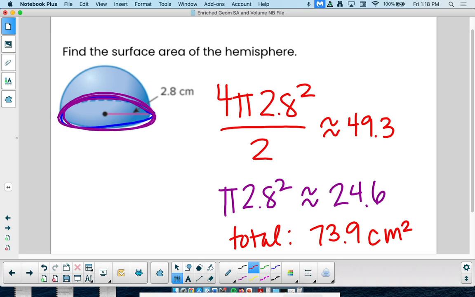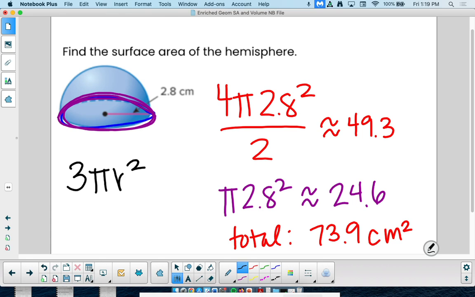But do you guys maybe have an idea of how we can make our own formula for that? How many pi r squares would we have? There was 2 here, right? 4 divided by 2 was 2, and how many here? 1. So you could also just plug in 3 pi r squared for a hemisphere.